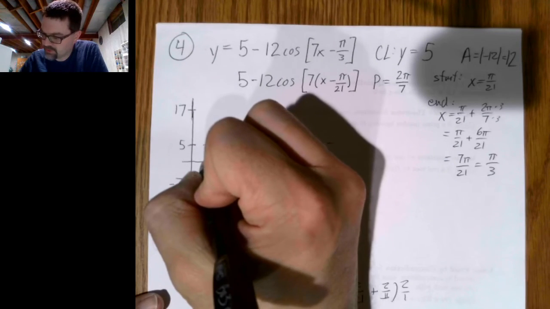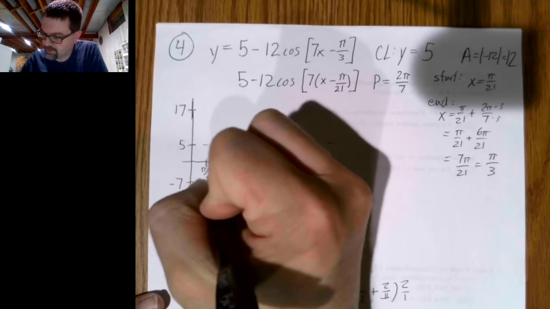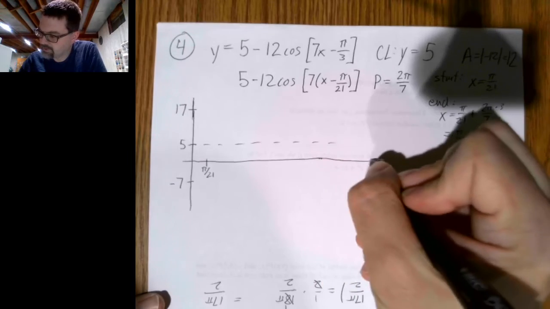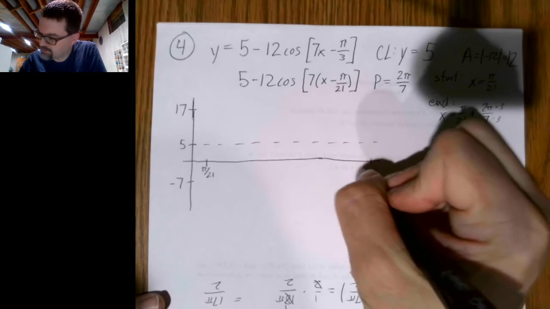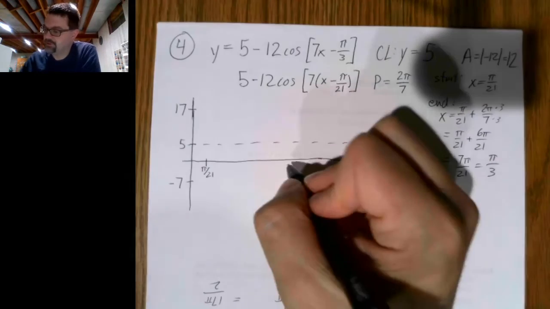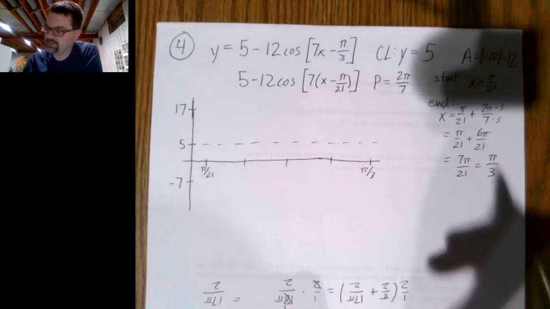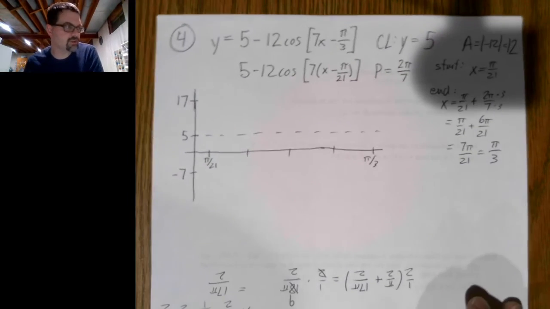All right, our start, pi over 21. Our end, pi over 3. All right, so this may be the ugliest example that we've looked at in terms of getting these guys right.